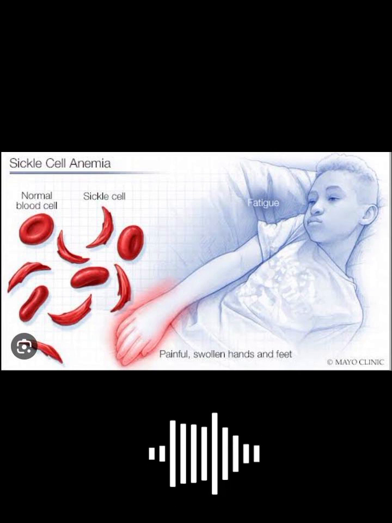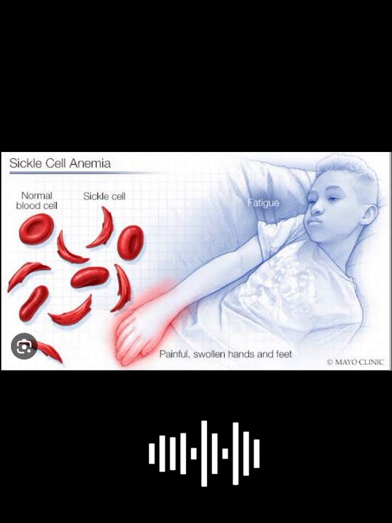We have stroke. The defective hemoglobin damages the walls of the red blood cells, causing them to stick to blood vessel walls. This can result in the development of narrowed or blocked small blood vessels in the brain, causing a serious life-threatening stroke.